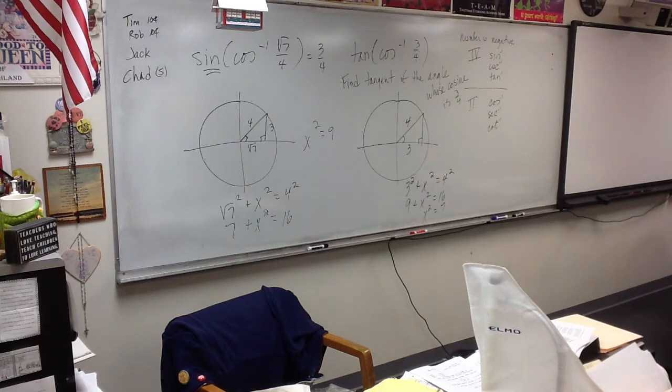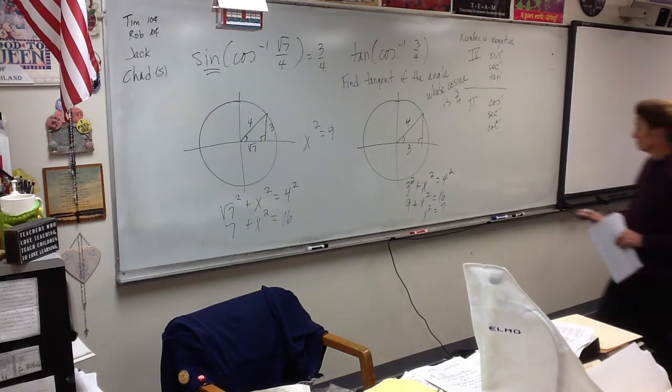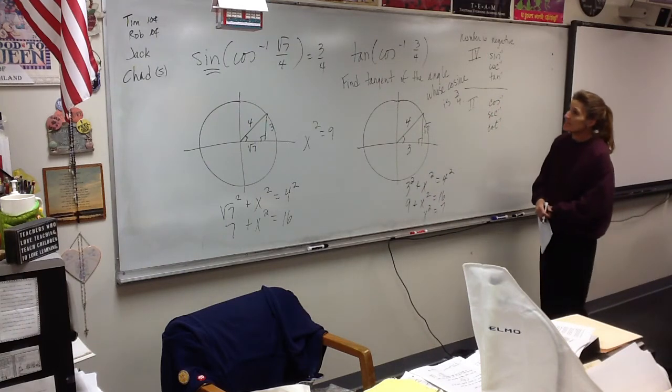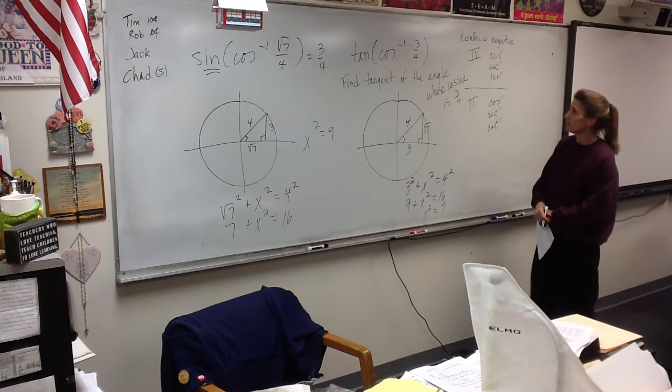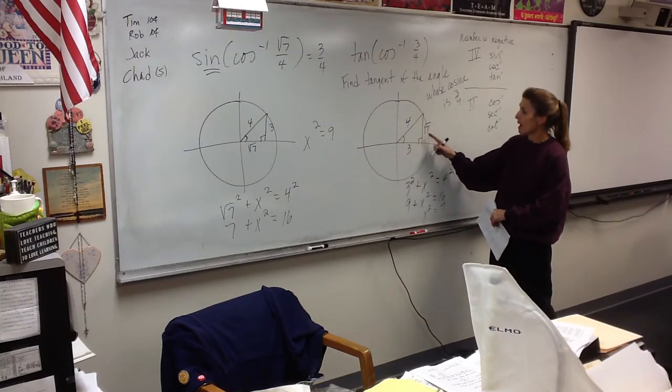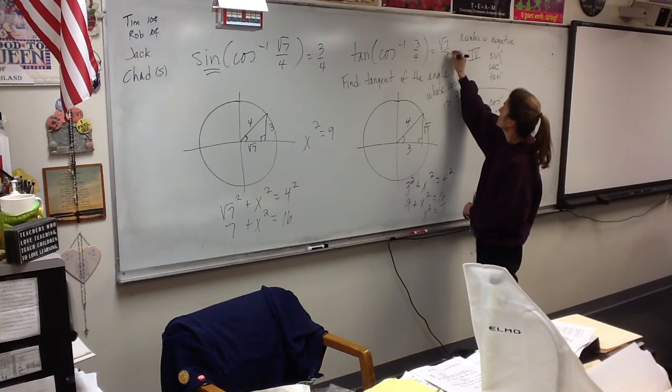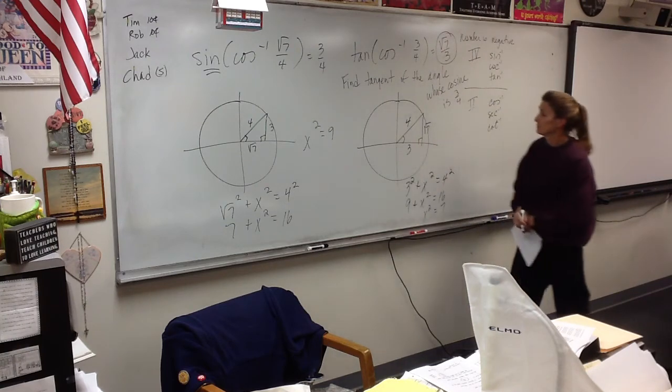So x equals the square root of 7. Now I need the tangent of that angle. Tangent is opposite over adjacent, so that will be root 7 over 3.